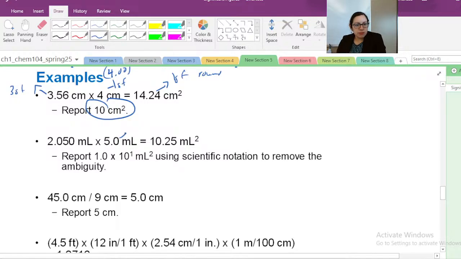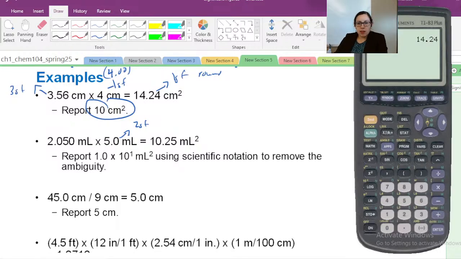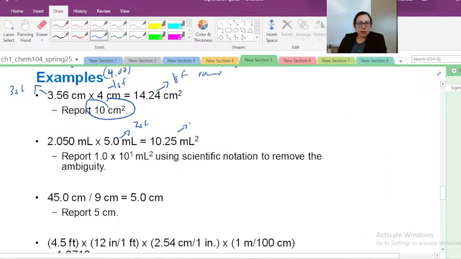So how many sig figs is that? 2. So again, same or similar scenario. Let's just work through it, punching it through. The calculator spits out 10.25. Now we have to round to 2 sig figs, and so that's why we get our 10.